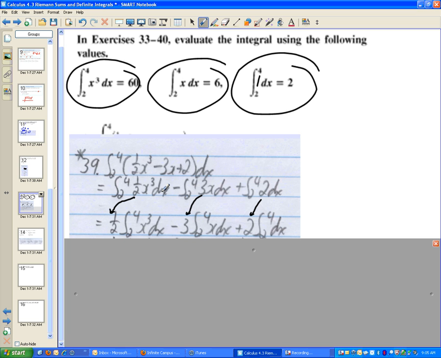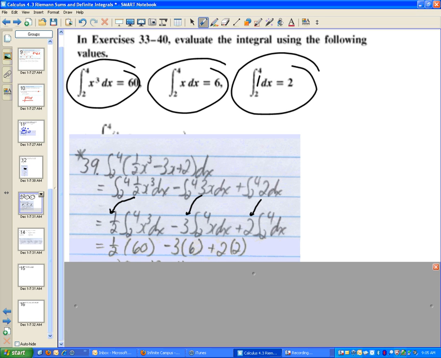So once I've used those two properties, making it the integral of each individual term, and then factoring constants out, that's two different properties, now I can use the information they gave me. So I have 1/2 times, and then substitute. The integral from 2 to 4 of x cubed dx is replaced with what it equals, 60.